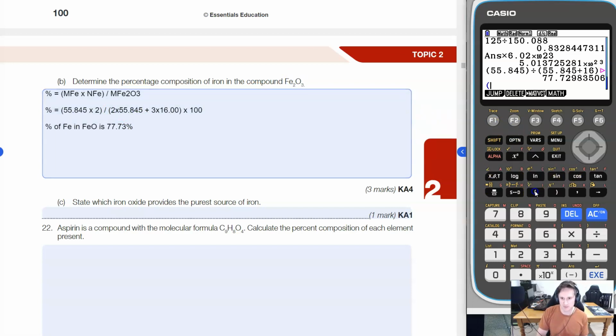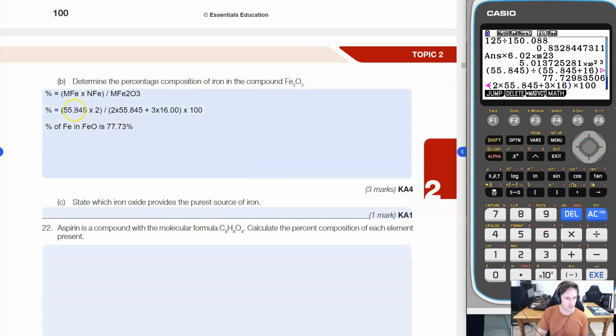So let's do this one. We'll see if this works in the calculator. 55.845 times 2 divided by 2 times 55.845 plus 3 times 16, times by 100.